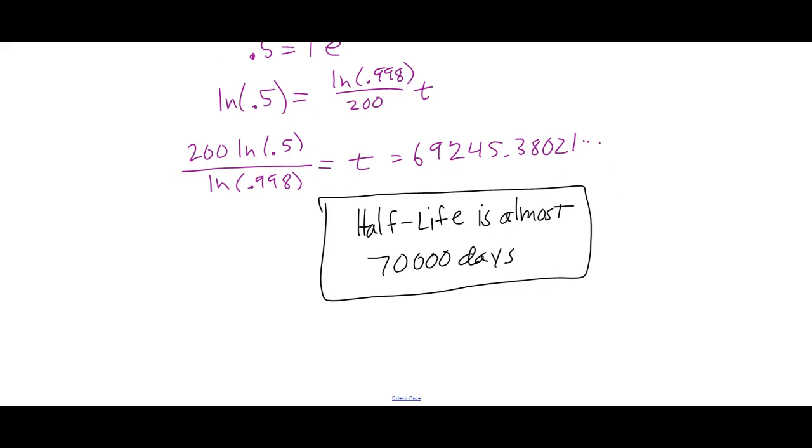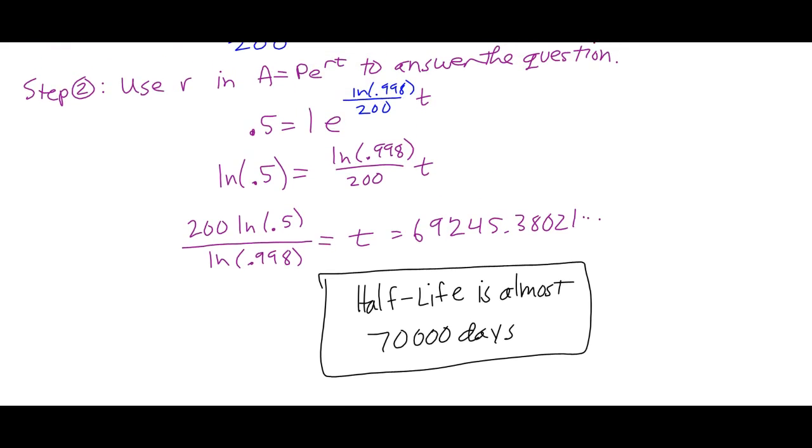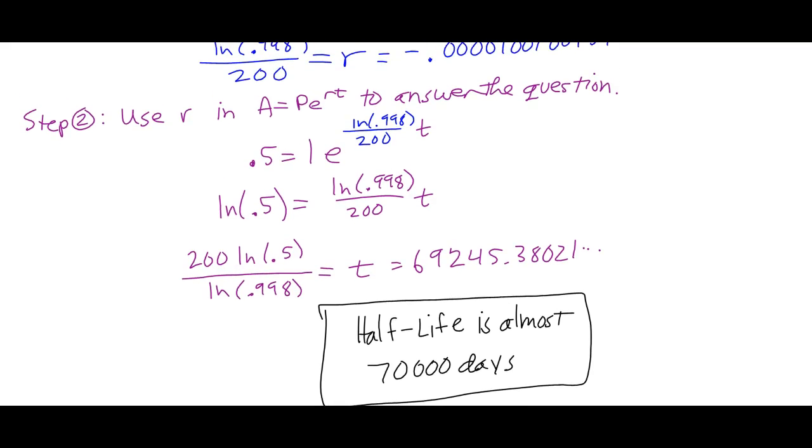So you don't have to wait the whole half-life to watch all the decay actually happen all the way through to the halfway point to know what that halfway point is going to be. You just use PERT in the same fashion that we've used it before. Find R, and then use R to answer the question.